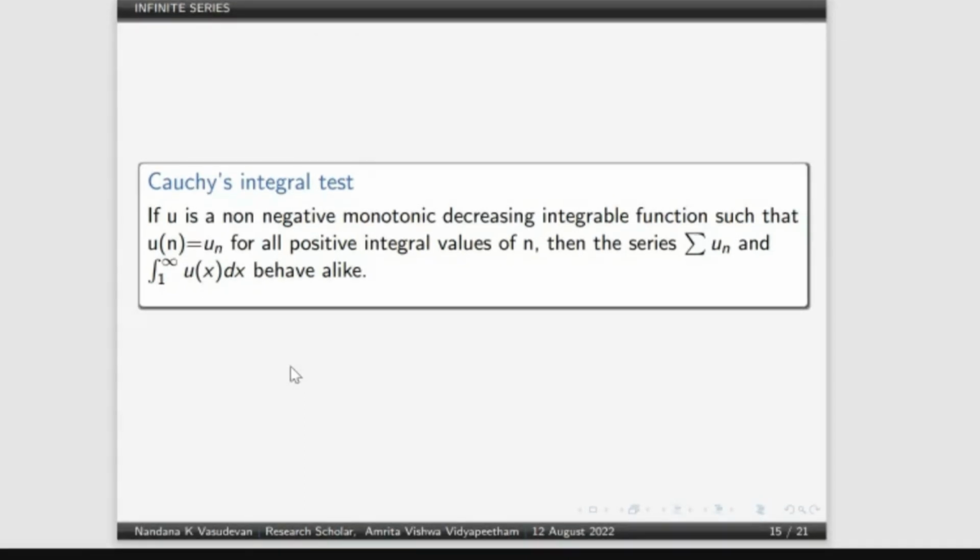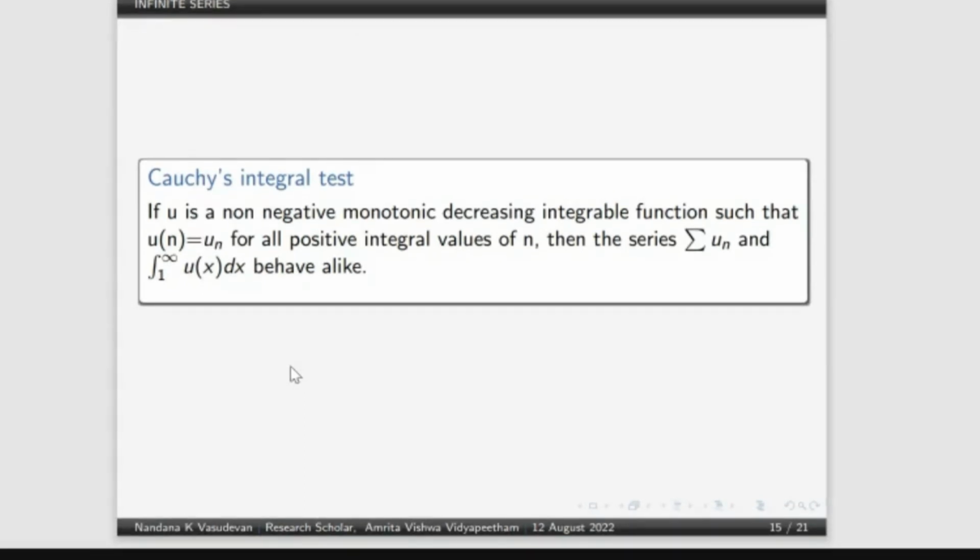Okay, sir. And the last test that we are going to discuss is Cauchy's integral test. If I can convert the terms in my series to a non-negative monotonically decreasing integrable function, that is the case for Cauchy's integral test.